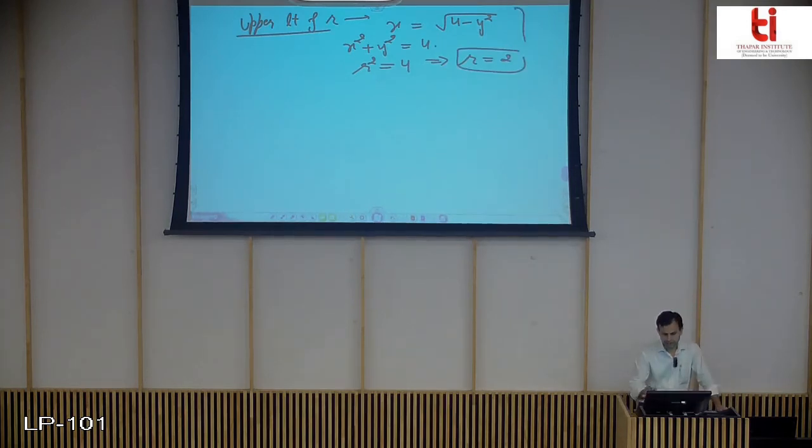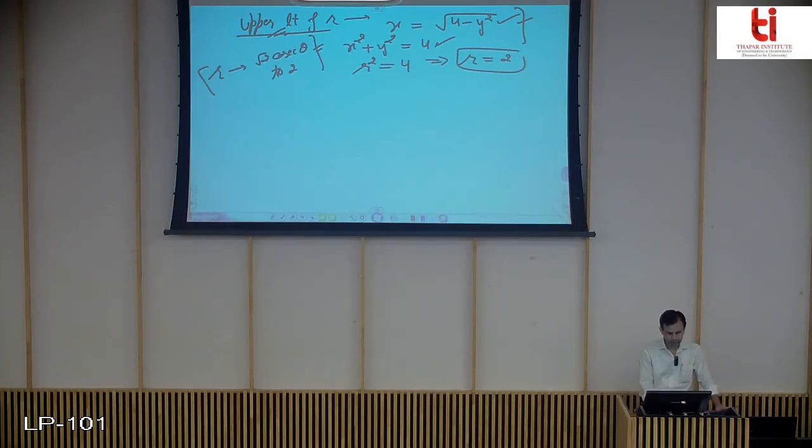I am taking this because the part of the circle we have considered is on the right hand side of the y-axis, so x is positive. So this is the upper limit of r. So r varies from under root 2 cosecant theta to 2. This is the limits of r for the given region of integration.